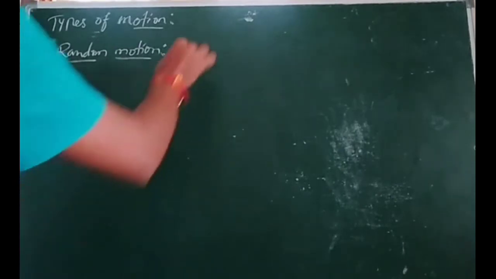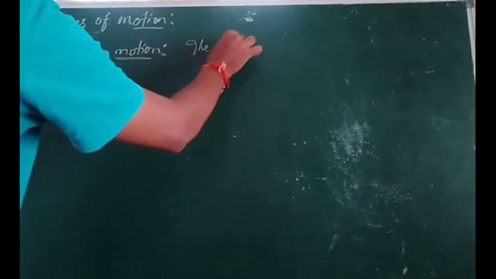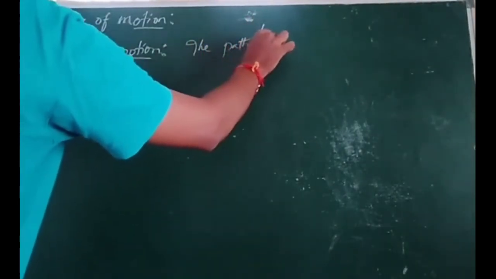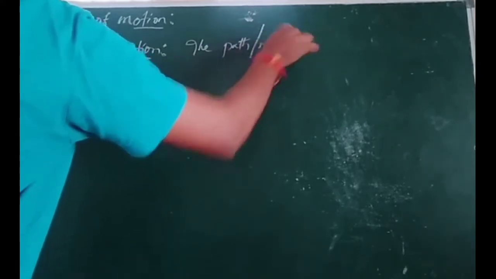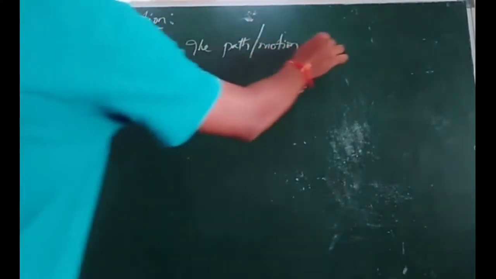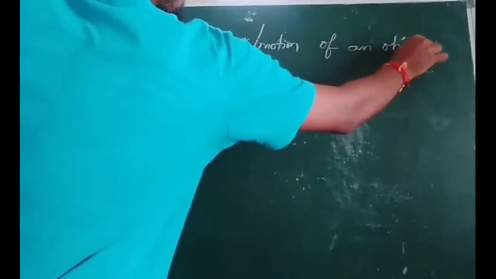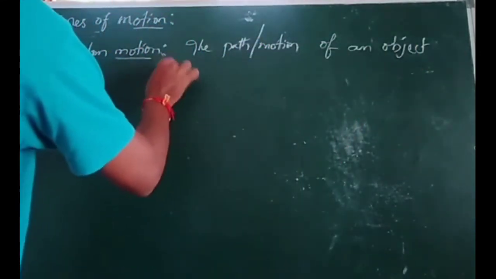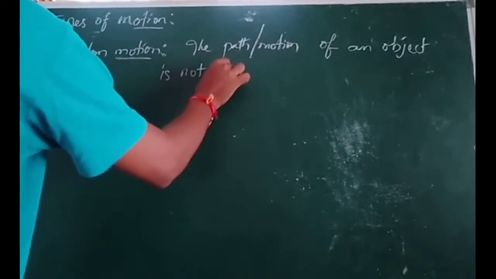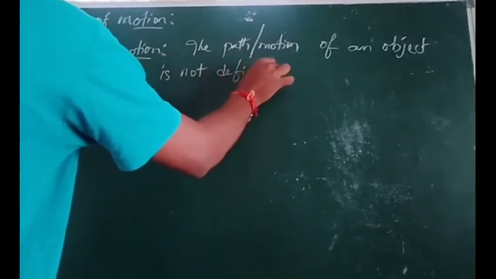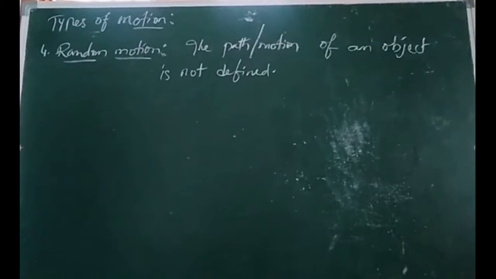The path or the motion of an object is not defined, so we are not able to understand the path of the motion of the object.